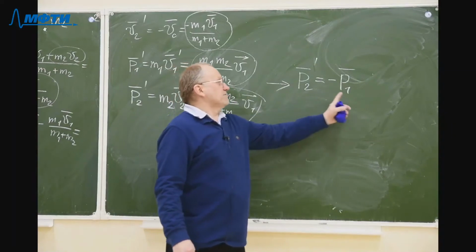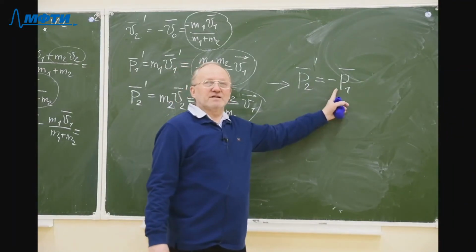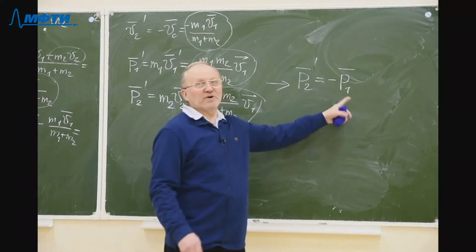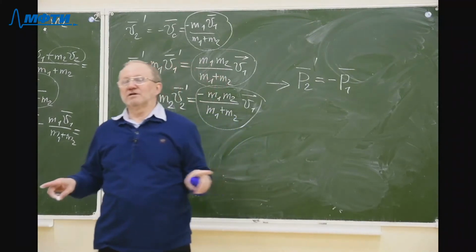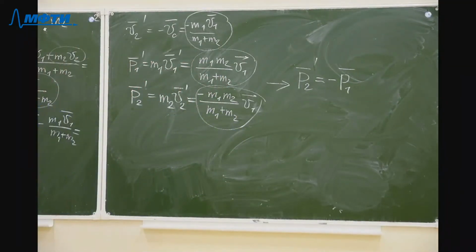Is it surprising that in the center of mass reference frame, the momenta of two particles are equal and oppositely directed? It's not surprising. It's just the definition of the center of mass point.